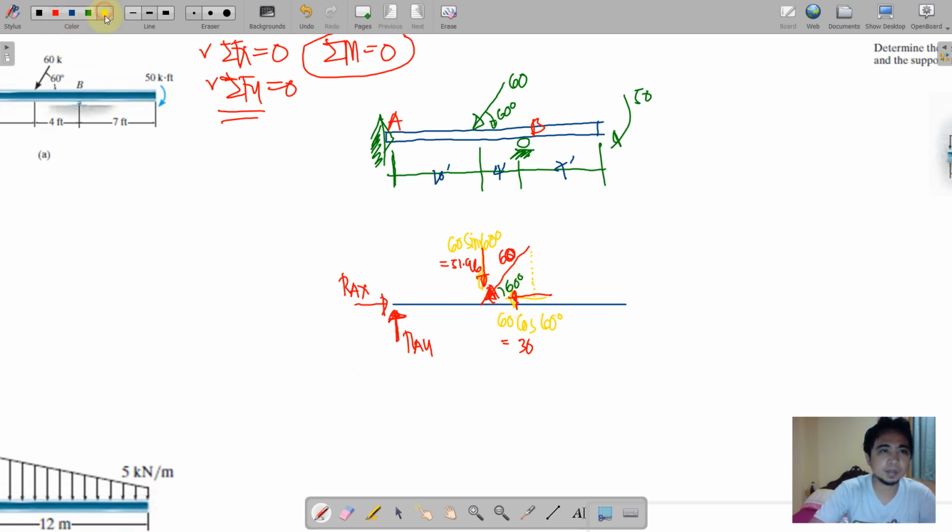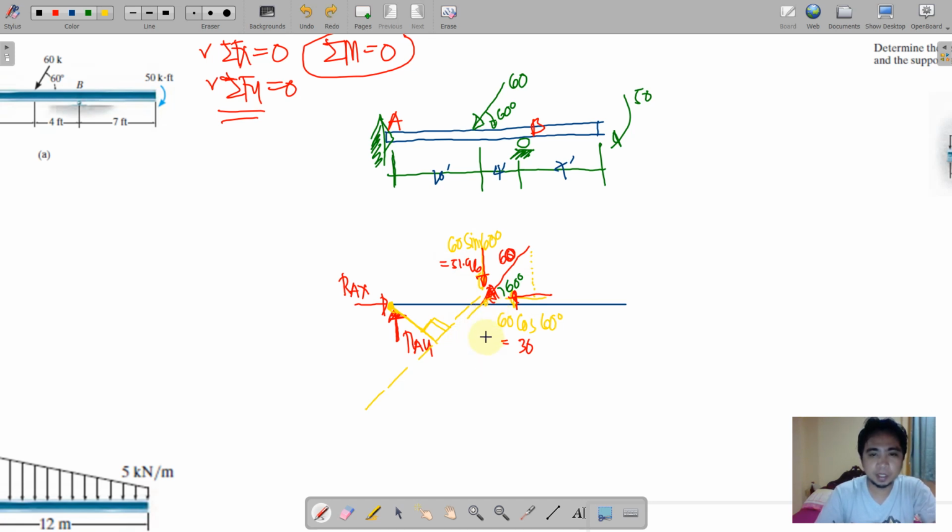So ganito yan, kapag itong 60 ginamit mo, of course, kapag nag-moment ka sa isang point, say for example dito, ang kailangan mong distance, ito perpendicular distance. Okay? Mula dito hanggang dito. Okay? What is the perpendicular distance? Okay? This one. So, problema yan.